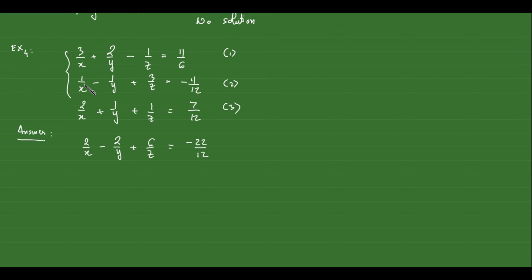Then I'm going to group them with the third equation, 2 over x plus 1 over y plus 1 over z equals 7 over 12. From these two, I'm going to do subtraction. So 2 over x minus 2 over x cancels. This minus this will give you negative 3 over y plus 5 over z equals negative 29 over 12, right? Because negative 22 minus 7 is negative 29.